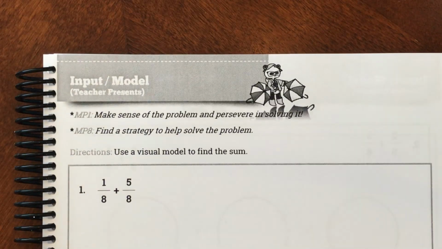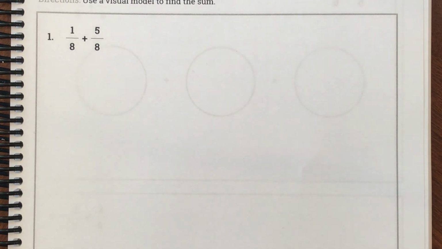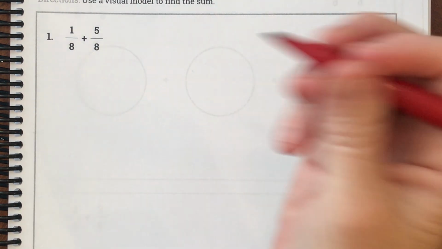Here is my first problem. My first problem says 1/8 plus 5/8. Okay, so my first step said I'm going to represent the equation with a visual model. So for this one, I'm going to use like an area model. I'm going to use circles.